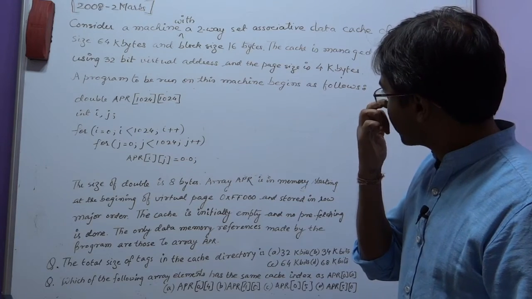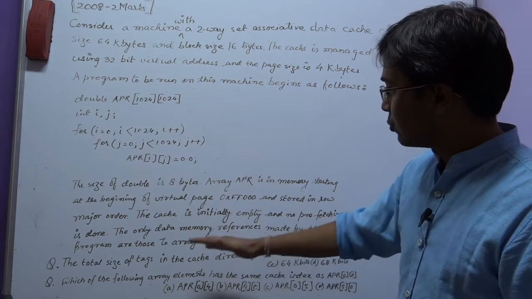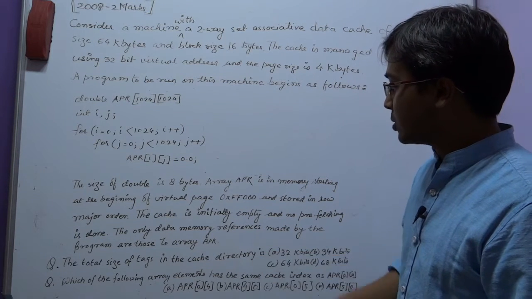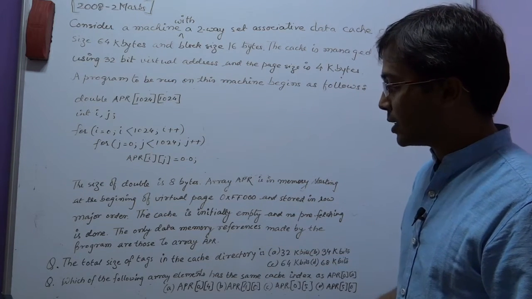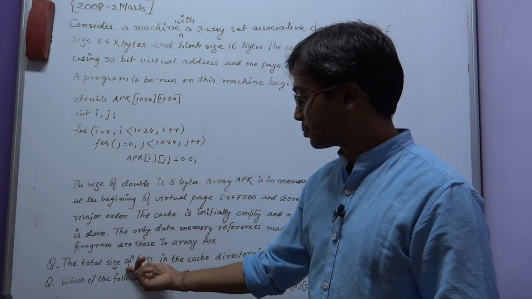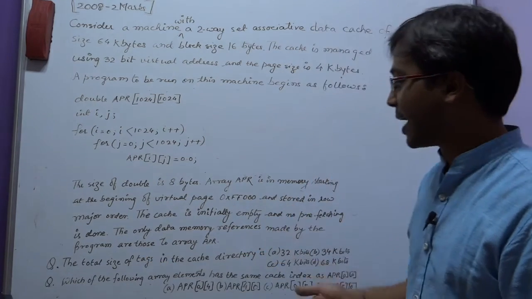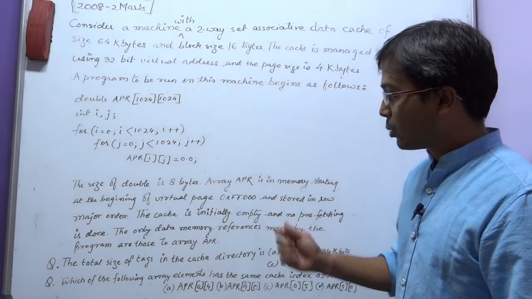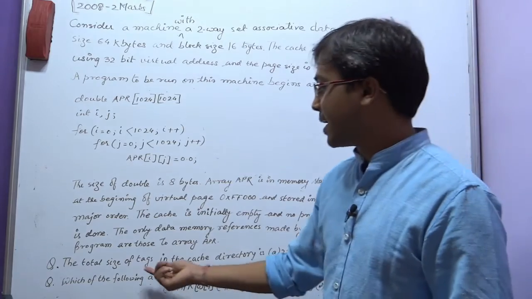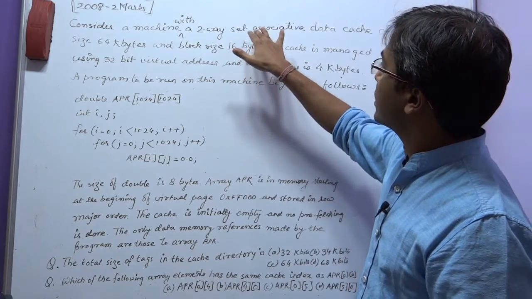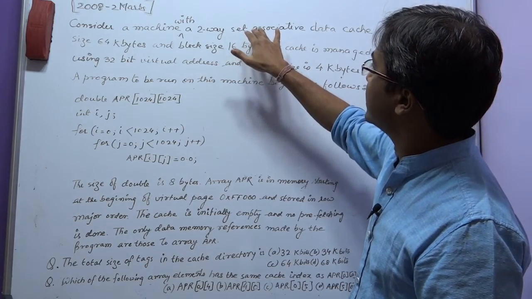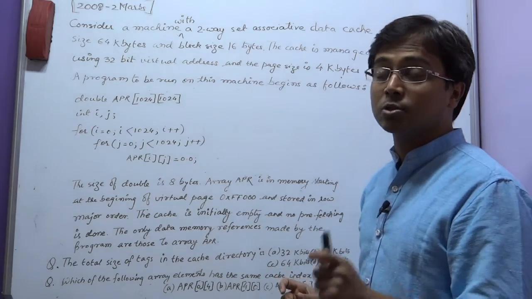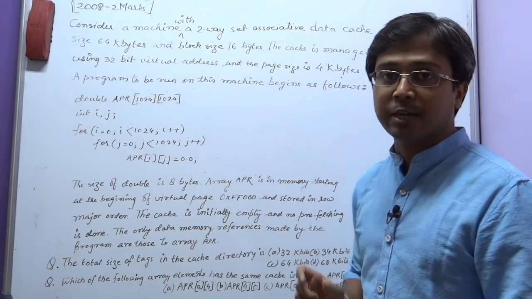So we need to find out first the total size of tags in the cache directory. To attempt this question, we need to find two things. One is the size of the tag field and also the number of cache blocks in the cache directory. One thing to note here is that even though the cache used here is two-way set associative, the tag field is always associated with cache blocks and not with sets.